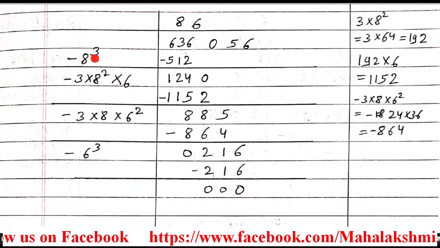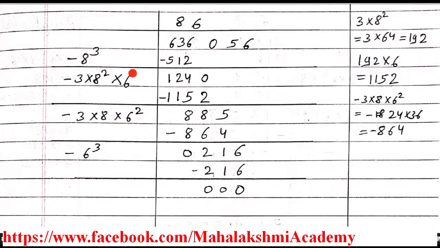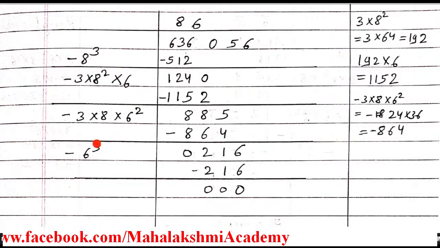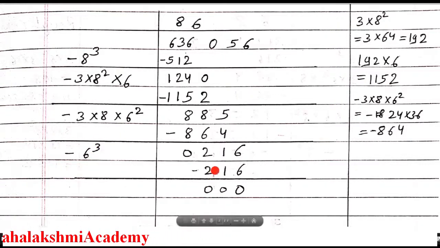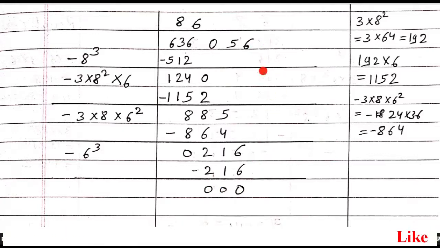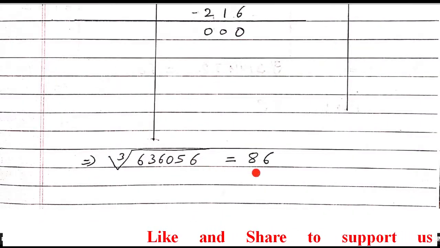On this side we started from power 3 and reduced to 1, and here we started from power 1 and have reached up to maximum power 3. So 6 cube is 216. Subtract it, we will get 0, and moreover there is no digit left to bring down, which means this process is completed. So what digits do we obtain here? 86. That's why the cube root of the given number is 86.